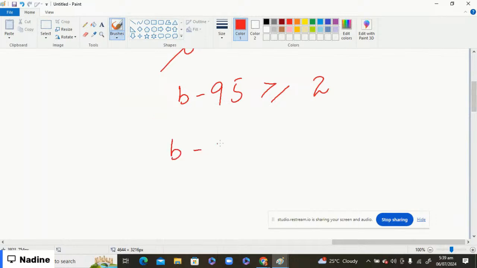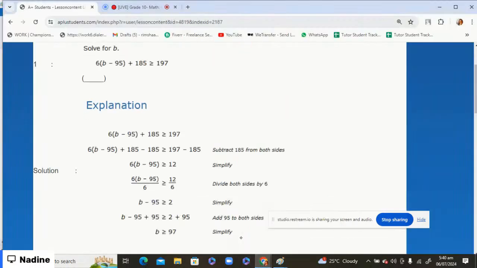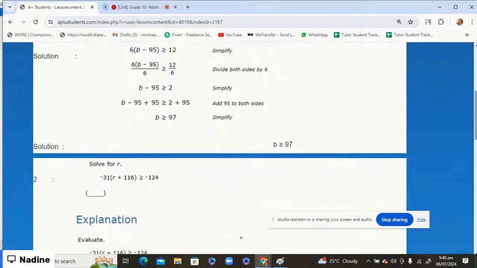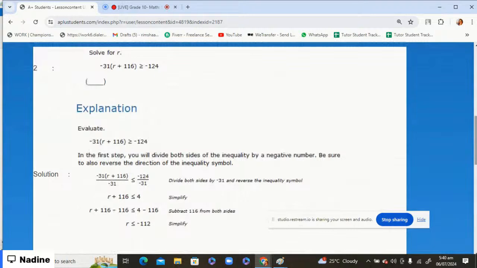So you are going to add 95 on both sides. 2 plus 95. Now look, this cancels out. So b is greater than or equal to 97. Okay, this is the thing that we have done in all these questions. Understand? Let's do this next.